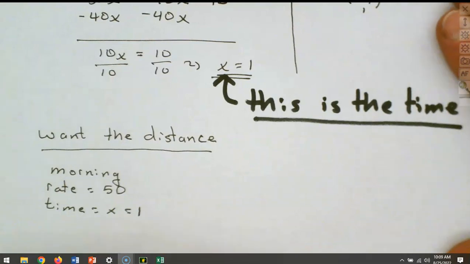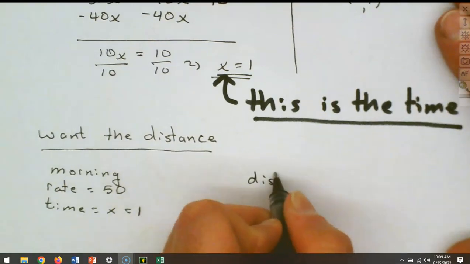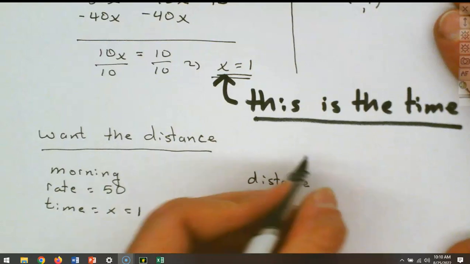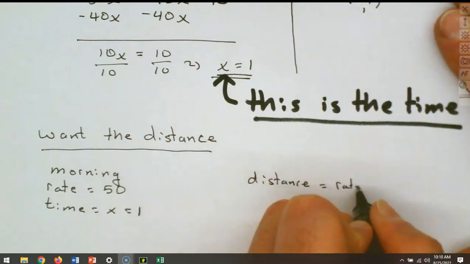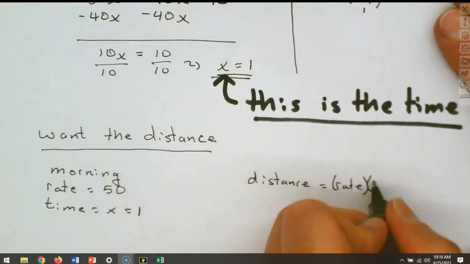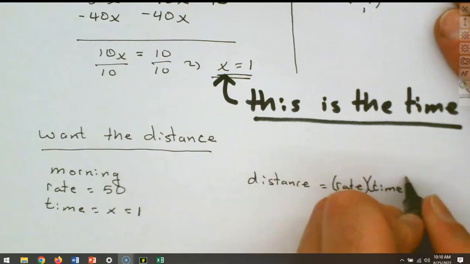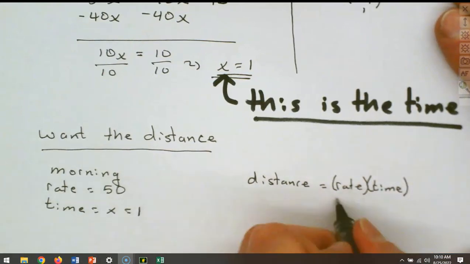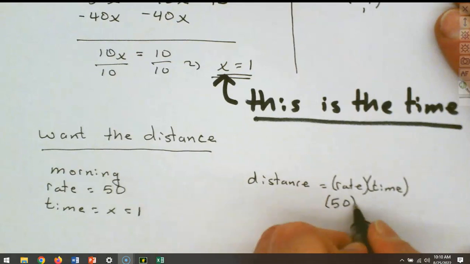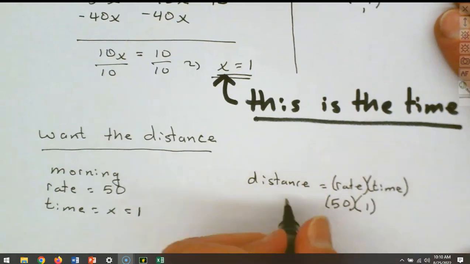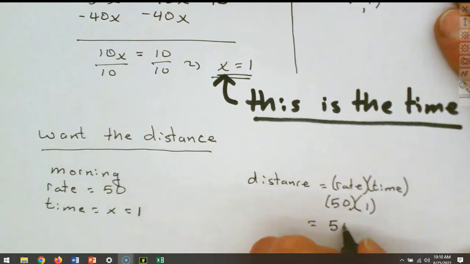And we want the distance, and so the distance is again the rate times the time. And what's my rate of speed? 50. Time is 1. That then gives me 50.